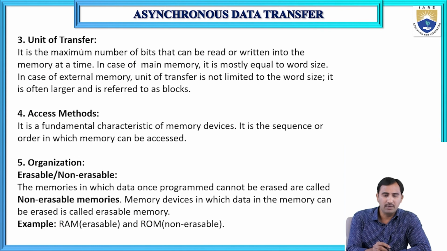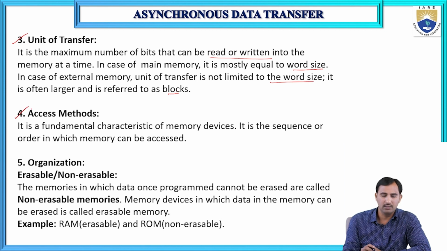And unit of transfer is the maximum number of bits that can be read or written into the memory at a time. In case of main memory, it is mostly equal to the word size. In case of external memory, unit of transfer is not limited to the word size. It is often larger and is referred to as blocks.